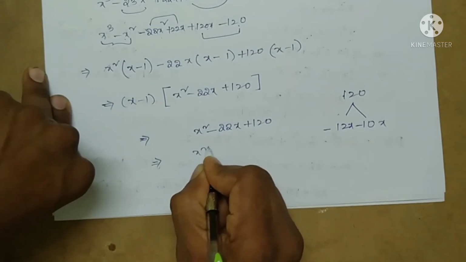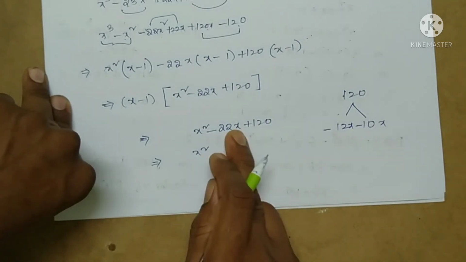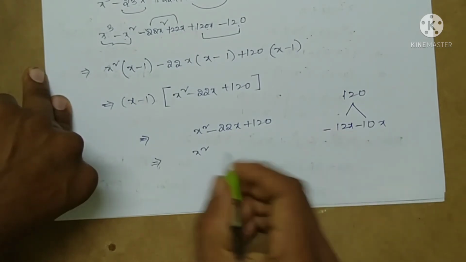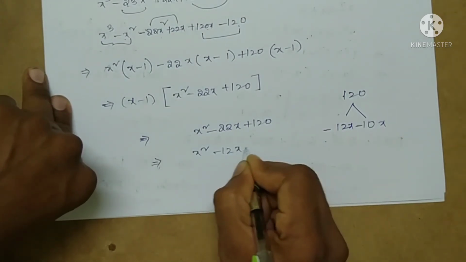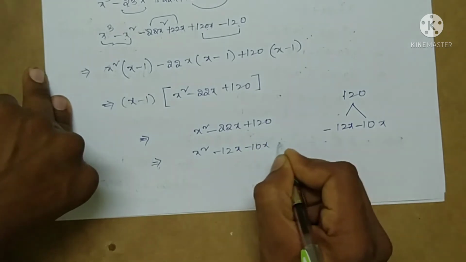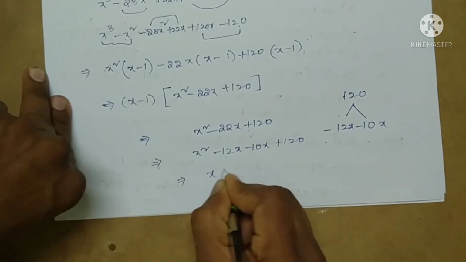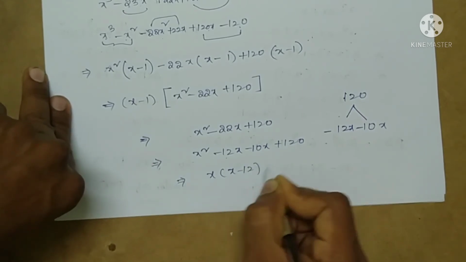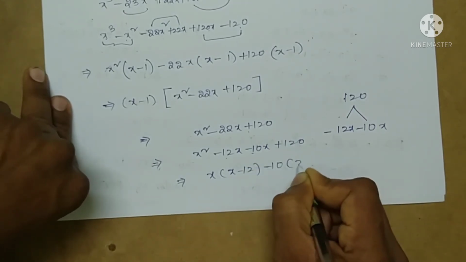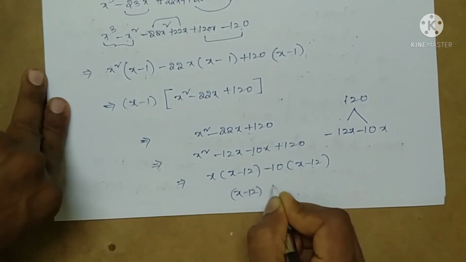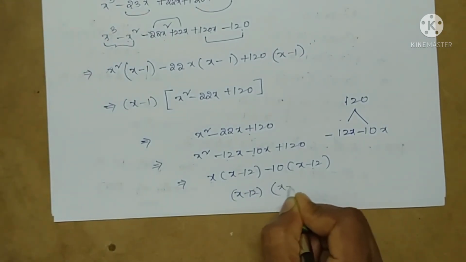So x square, instead of minus 22x, we write minus 12x minus 10x plus 120, that is equal to x common, x minus 12, here minus 10 common, x minus 12. So x minus 12 is common, and the remaining term is x minus 10.